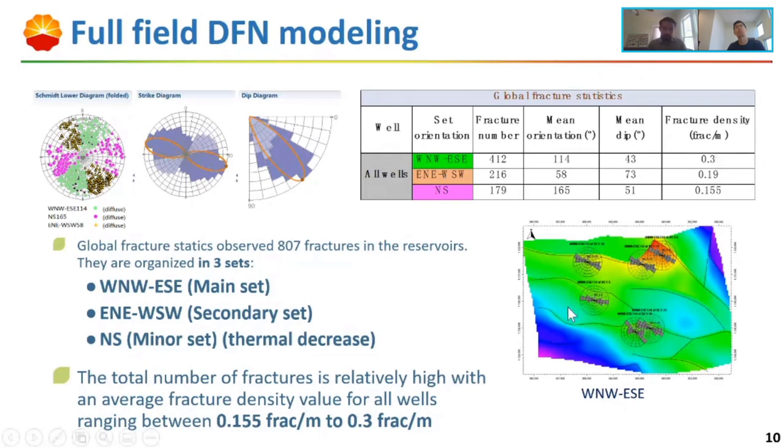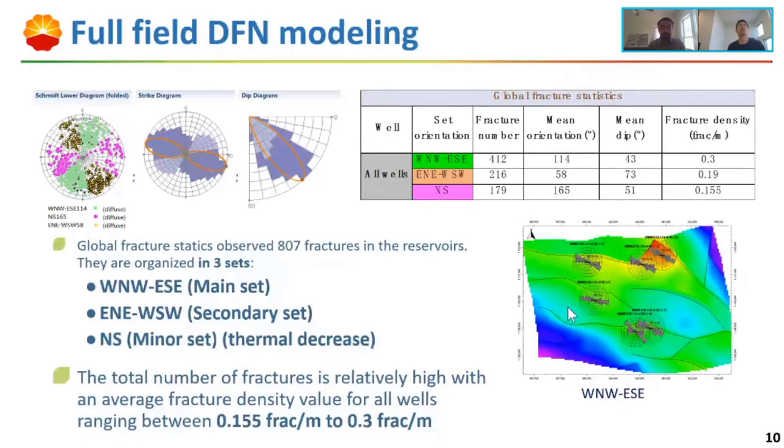We have the main orientation. As you can see, it follows the main faults. So of course, the highest density is for the fracture set that is west northwest to east southeast, which is related to the uplift and the main faults.